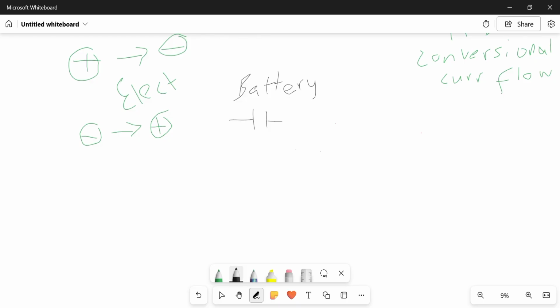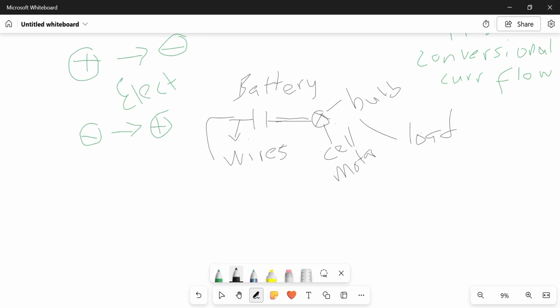We have wires connecting the battery, and we also have, sorry if my lines are not straight, a cell, a motor, or a bulb, which is the load.